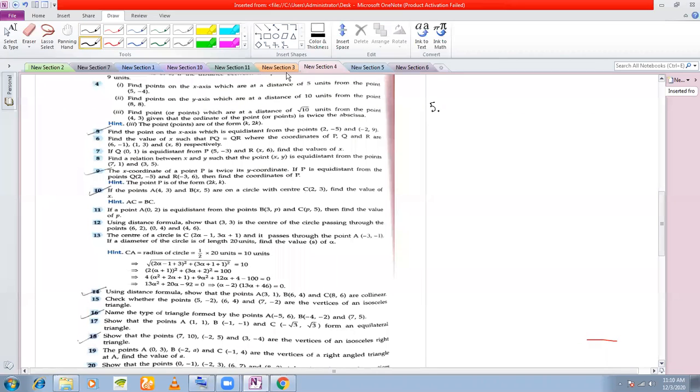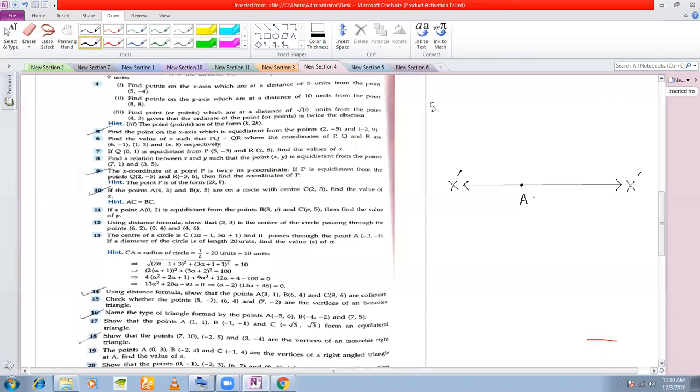So suppose you have your x-axis like this here. I'm not drawing the y-axis because you don't need the y-axis. Let us say this is your x-axis, and there's a point here on the x-axis. Suppose I call this point A.